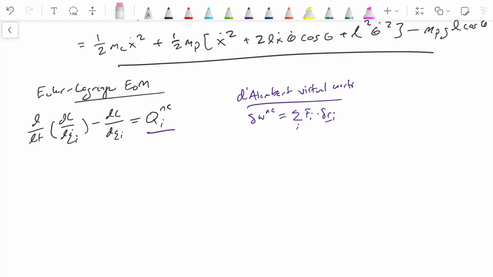And you can see from various texts that this is equivalently Q_j dot delta q_j. So that's the non-conservative generalized force acting on our generalized coordinate j. And so Q_j is equal to the sum of the F_i dotted in the direction of the partial r_i with respect to q_j.